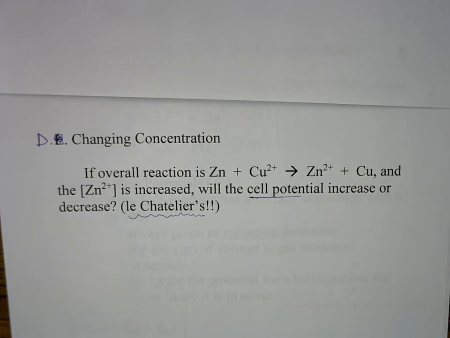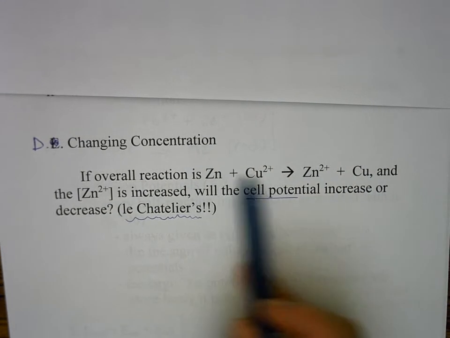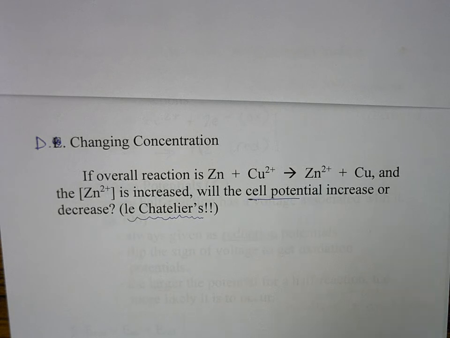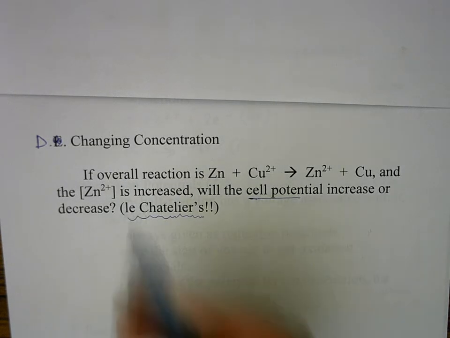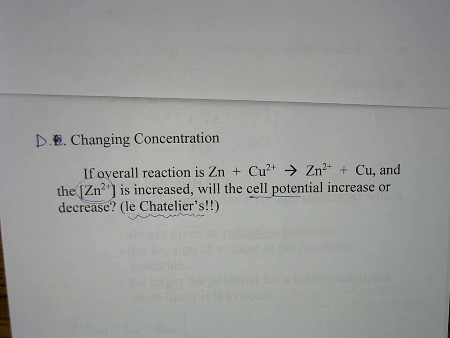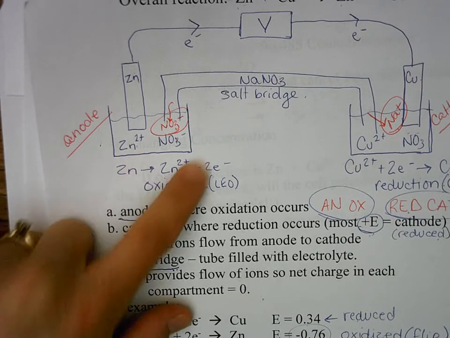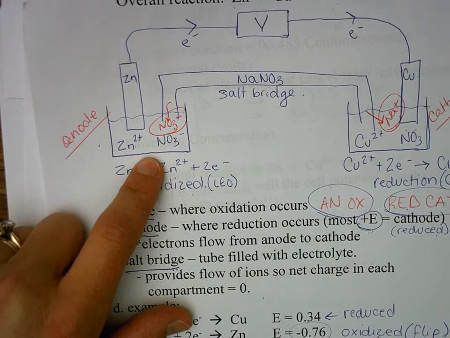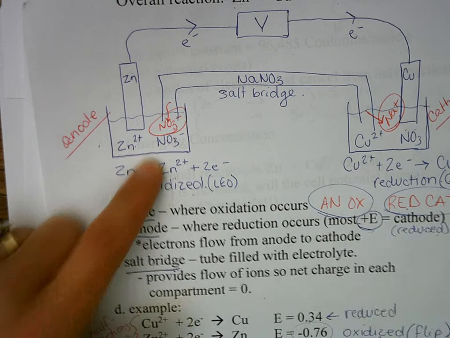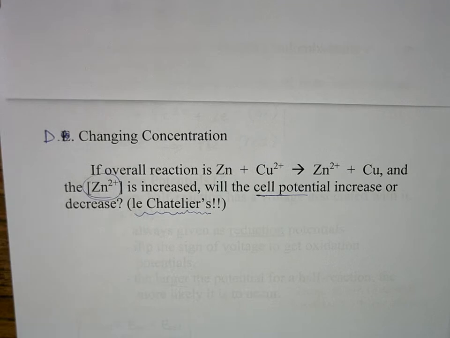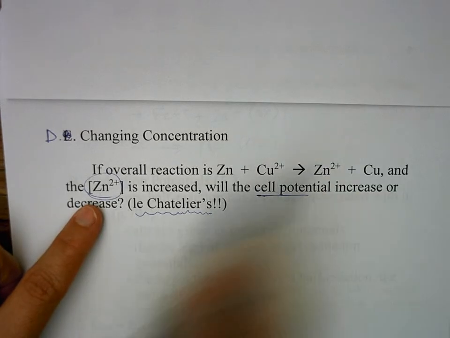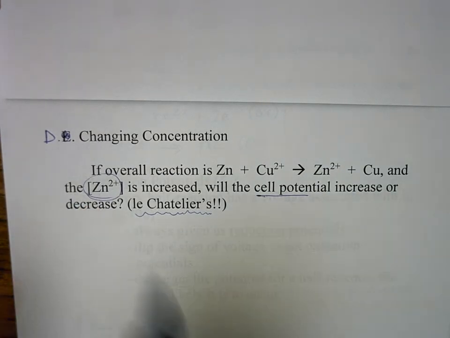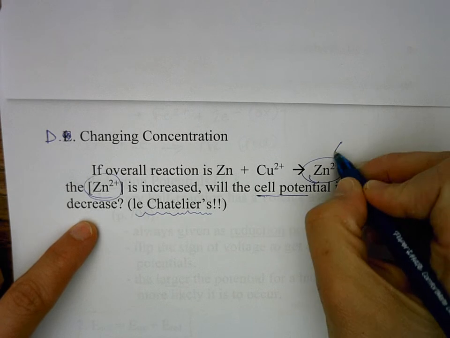Okay, so this was our overall reaction that we had. And then if the question is, if the zinc concentration is increased, which basically just means I take more zinc nitrate, and now this concentration is not 1 molar but something higher than 1 molar, what does that do to the overall cell potential, or the overall voltage of the battery? Now, if I add zinc, it's a Le Chatelier's question, because you want to pay attention to where that zinc ion is in the equation.